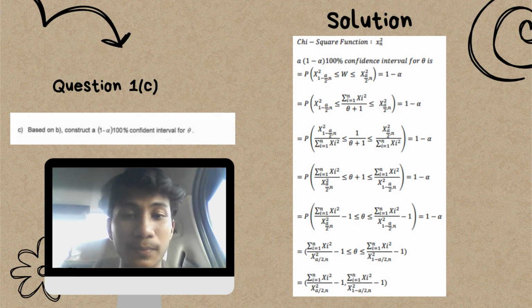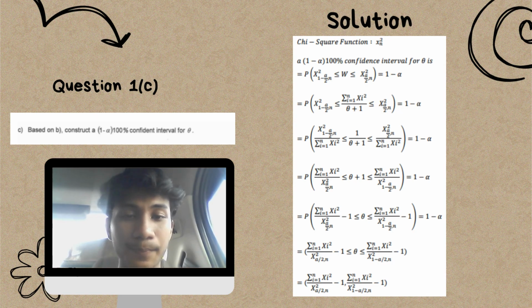And to put the theta plus 1 from the denominator to the numerator, we need to change the denominator and numerator values for both sides, and we need to change the direction of the inequality.